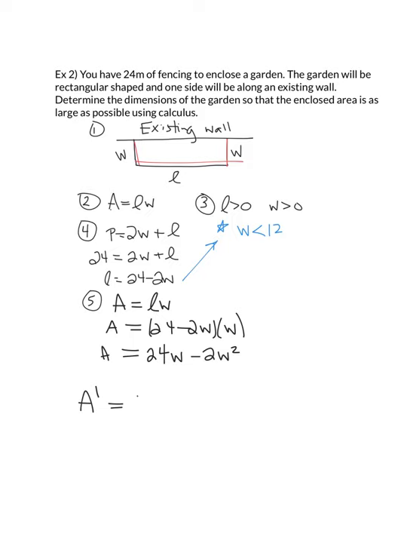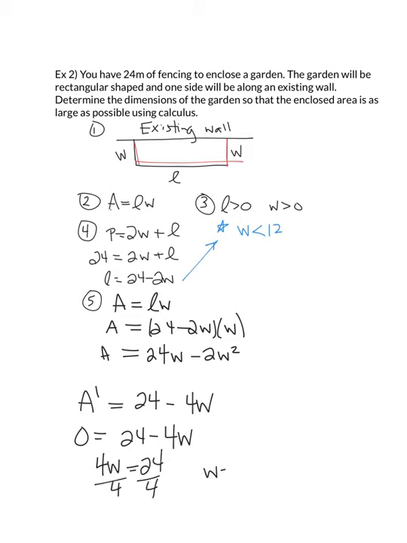So the derivative is 24 minus 4W. So when I set that equal to 0, I get 4W equals 24, divide both sides by 4, and I get a width of 6.